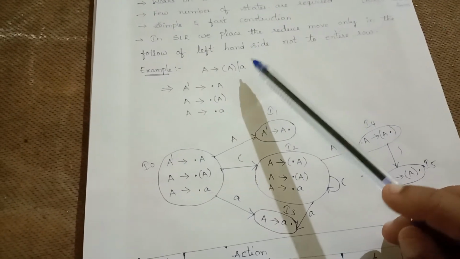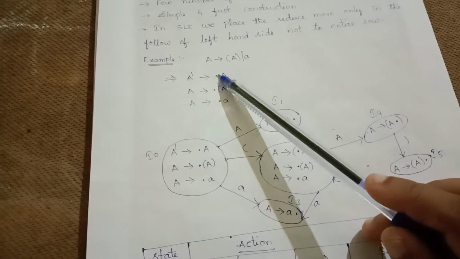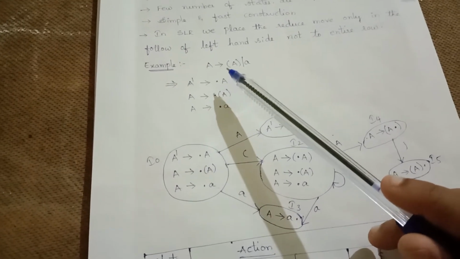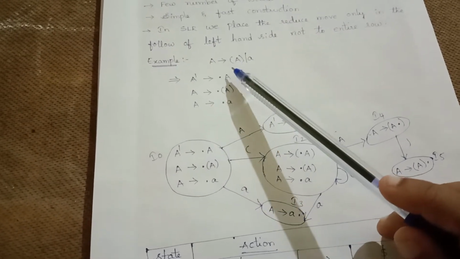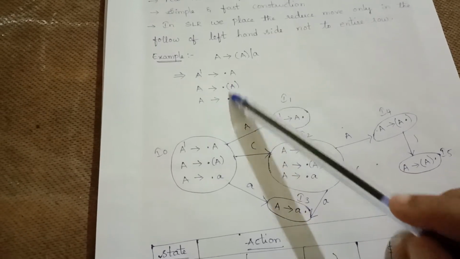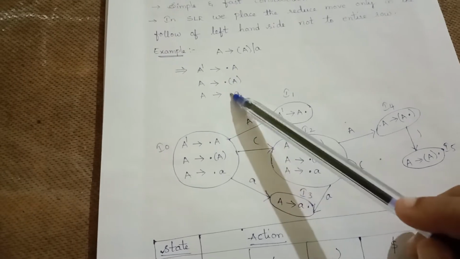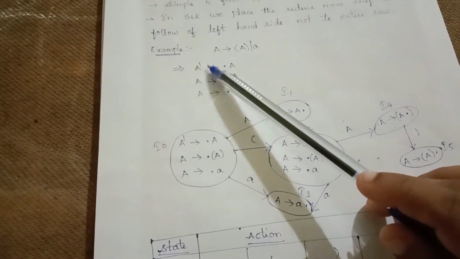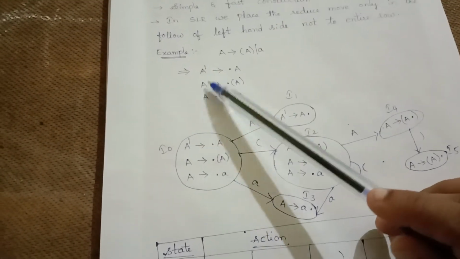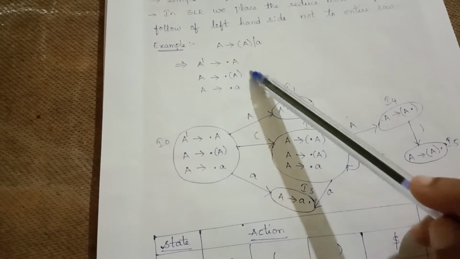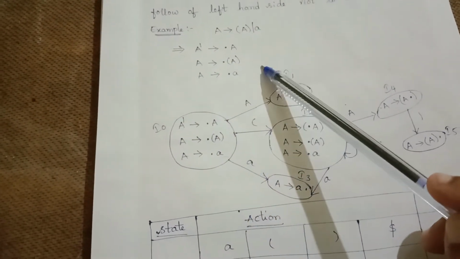LR0 canonical items is nothing but placing the dot before the first symbol on the right hand side. So it becomes A dash tends to dot A, A tends to dot (A), A tends to dot A.